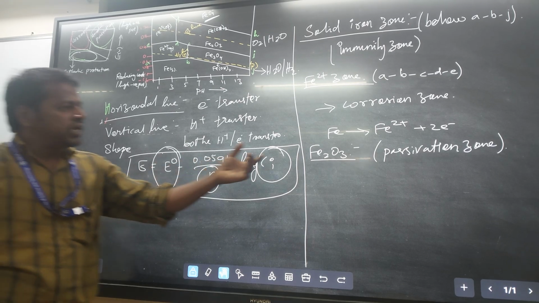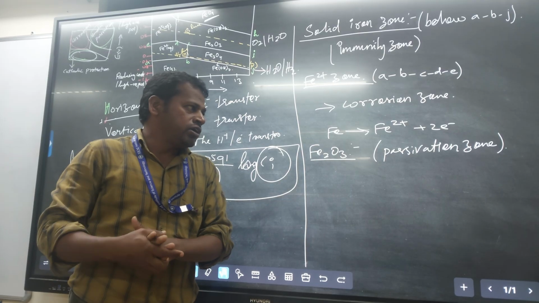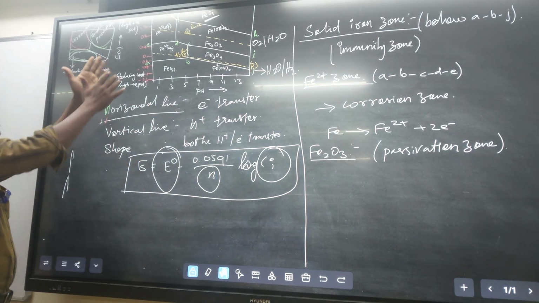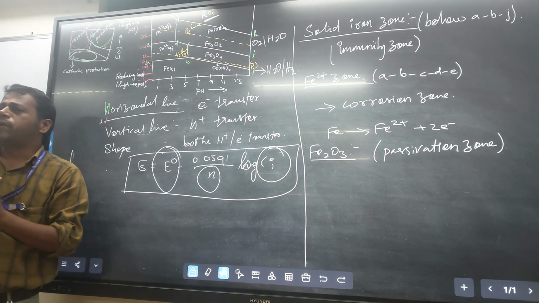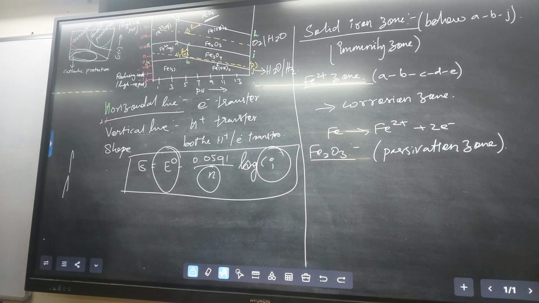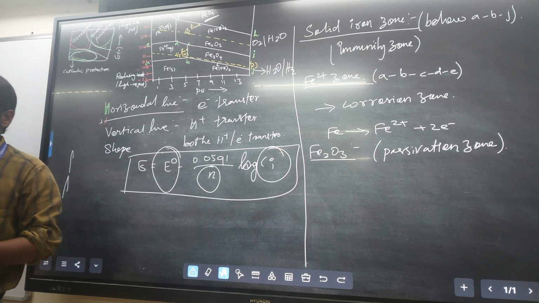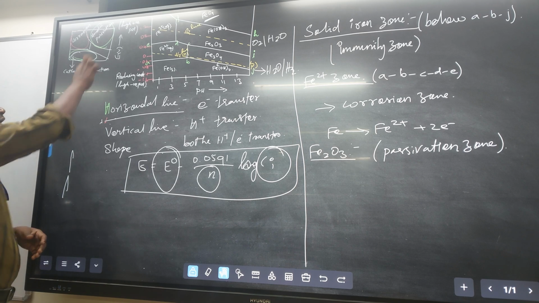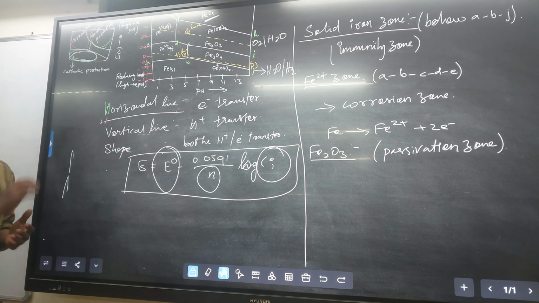Yesterday itself we explained the passivation zone. That means the iron metal will corrode, but the corroded product is deposited on the surface of that metal, and it protects against further corrosion. That is the passivation zone.